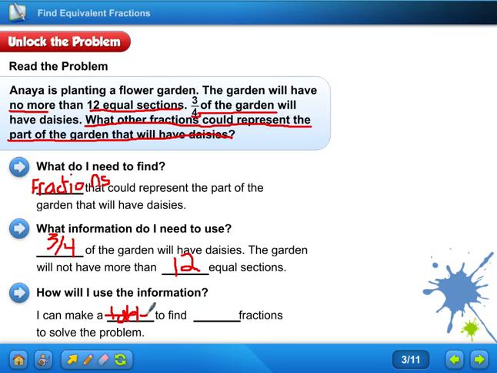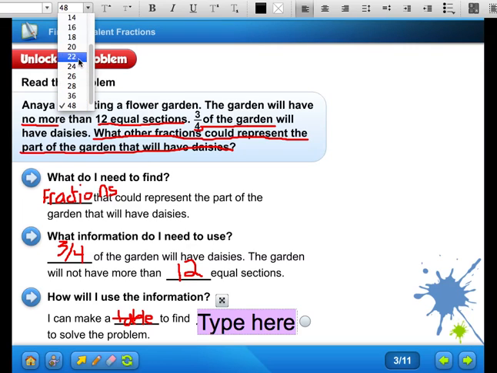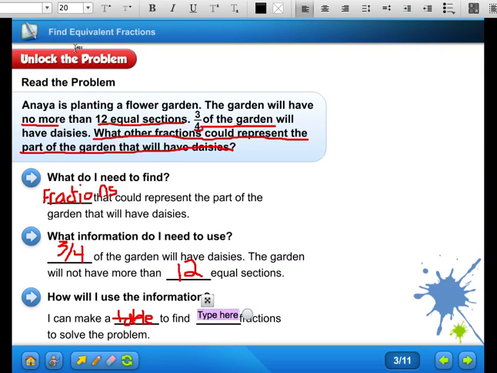Oh, that is some fabulous writing, I know. Make a table to find equivalent fractions. Yeah, this word's, let me use my typing tool. Because that may just never fit in there. Oh, much better. I should have tried this from the beginning.